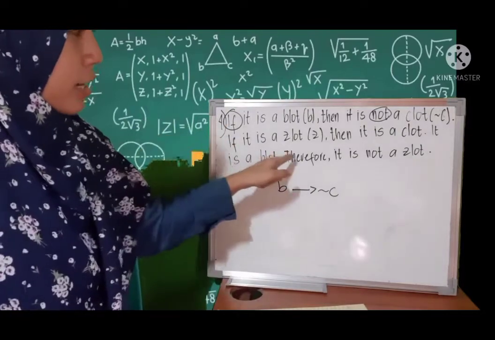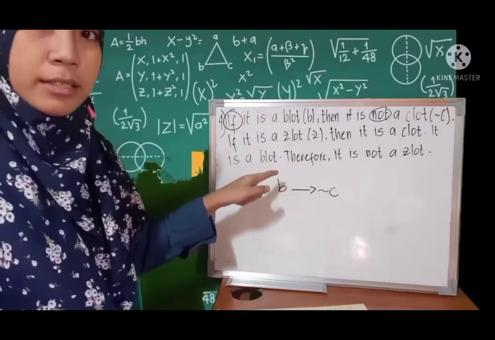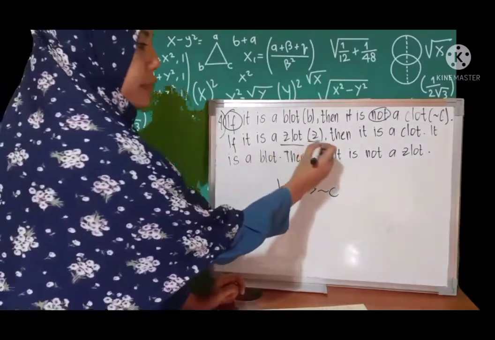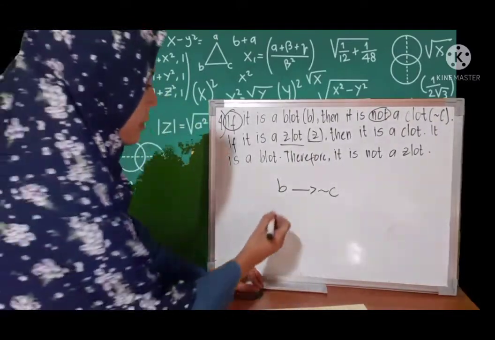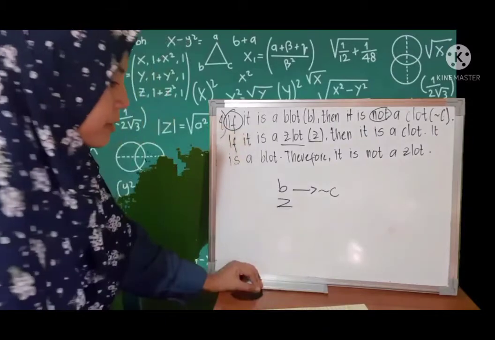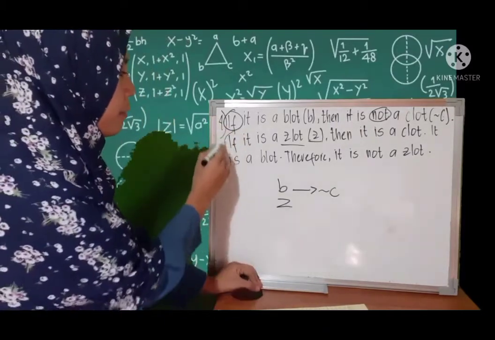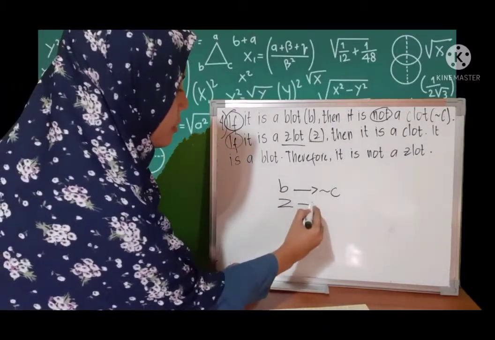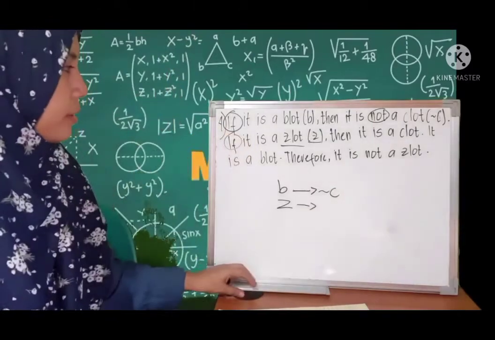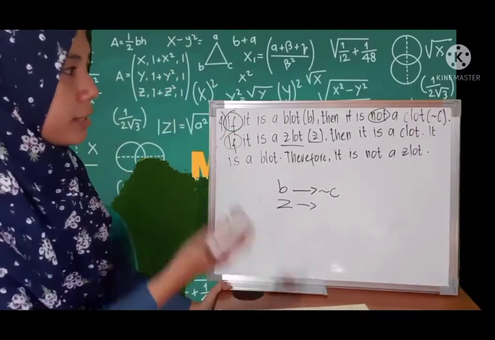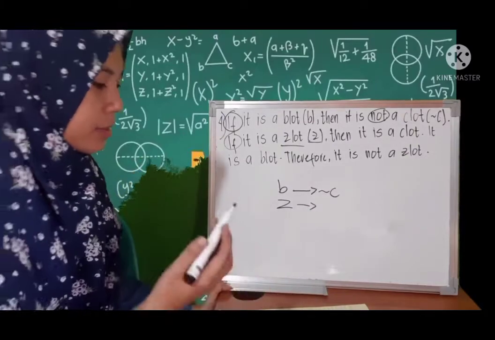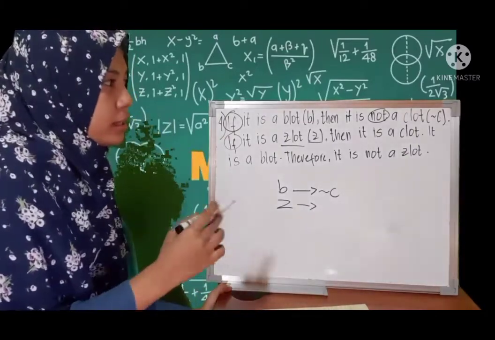So, next naman tayo. If it is a slot, represent as letter Z, sulat natin sa second premise. Z, if. So, ganyan. If it is a slot, then it is a clot.